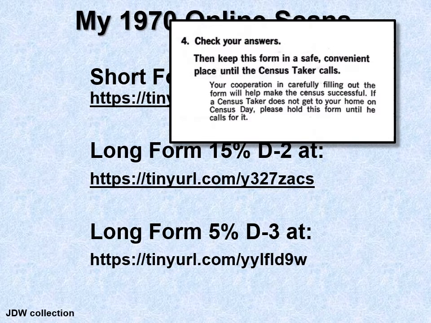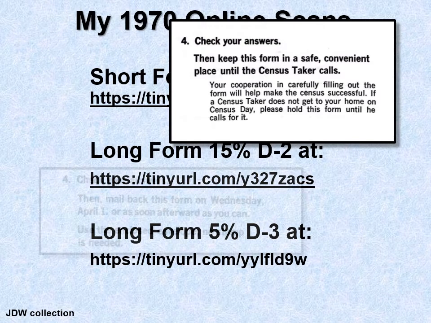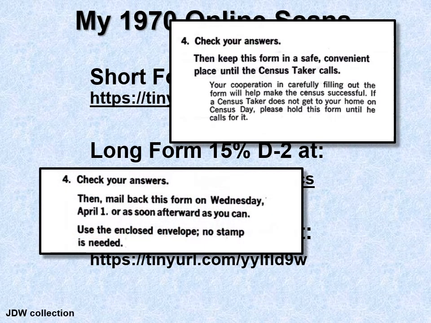On the other hand, the instructions on D1, D2, D3 indicate to the respondent to mail back this form on Wednesday, April 1st, and use the enclosed envelope, which they had. No stamp is needed. Okay, so the forms are the same in terms of the questions, but how their process was different.